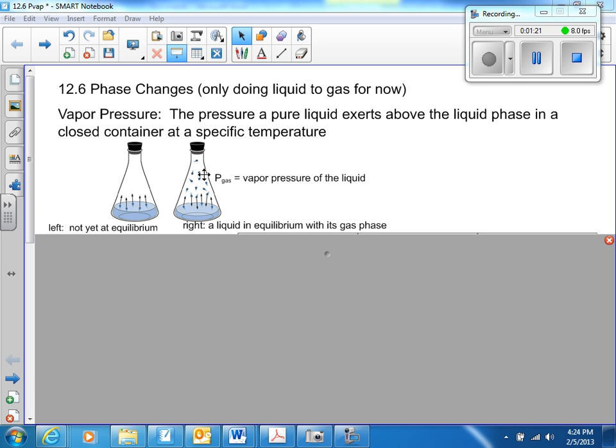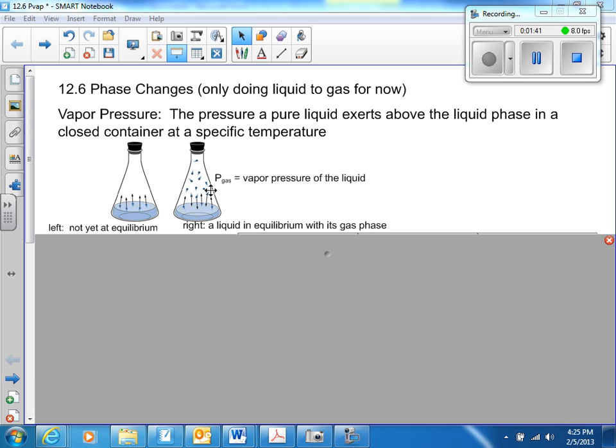And that means that the liquid molecules are leaving the liquid phase, and the gas molecules are entering the gas phase. There's arrows, hard to see, arrows pointing up and arrows pointing down, and they're leaving the liquid and entering the liquid at exactly the same rate, which means you're at equilibrium.